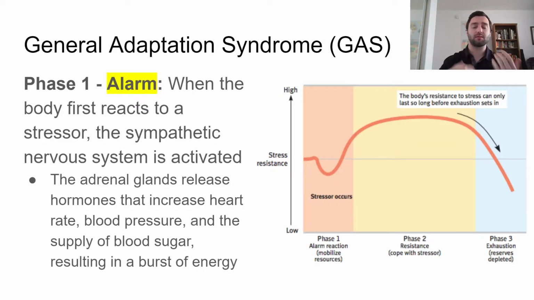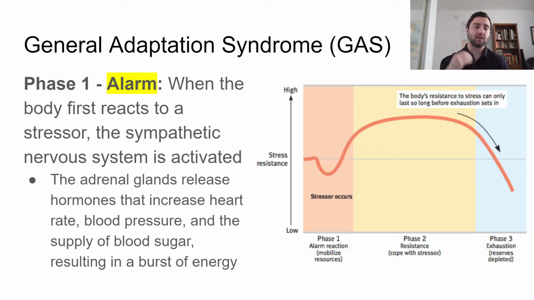So that sympathetic nervous system kicks in, our adrenal glands start releasing a whole bunch of different hormones, and those are going to then cause the physiological responses. Some of the big ones are increasing the heart rate, increasing blood pressure, increasing the supply of blood sugar, and what we're going to get is this burst of energy. This is why when you become stressed, a lot of times you become jittery.